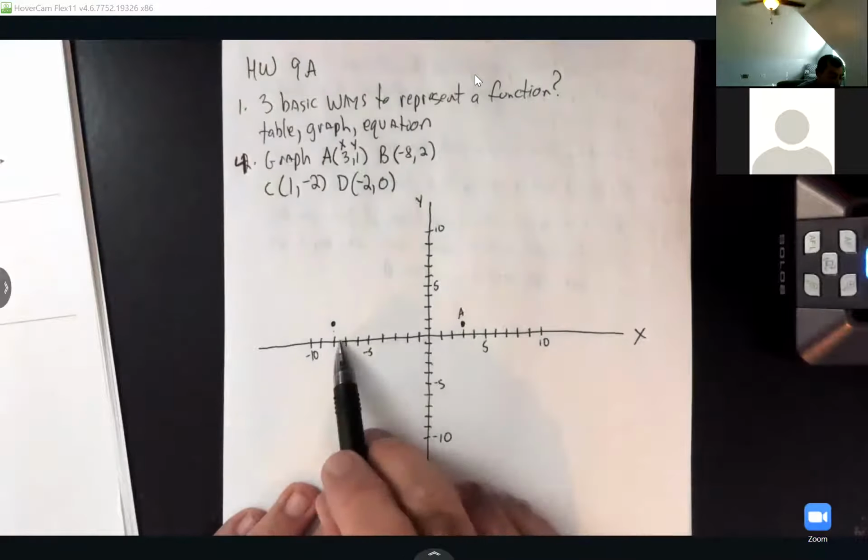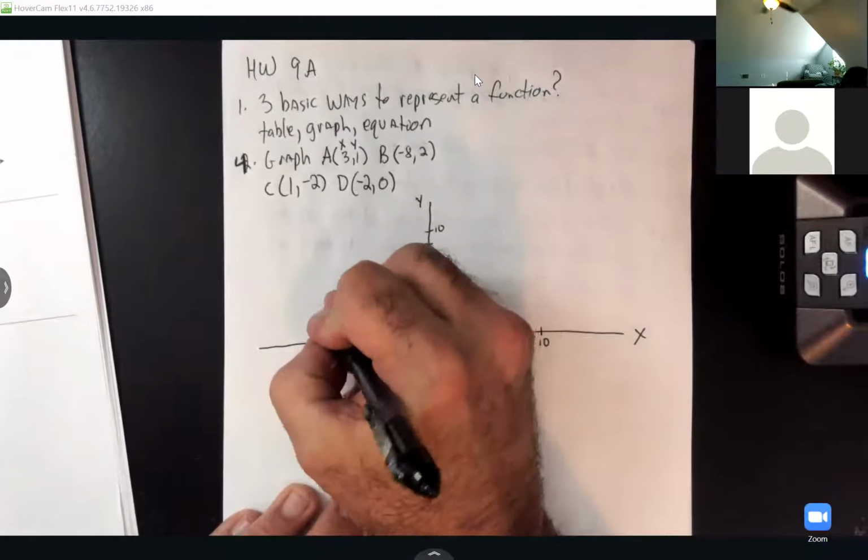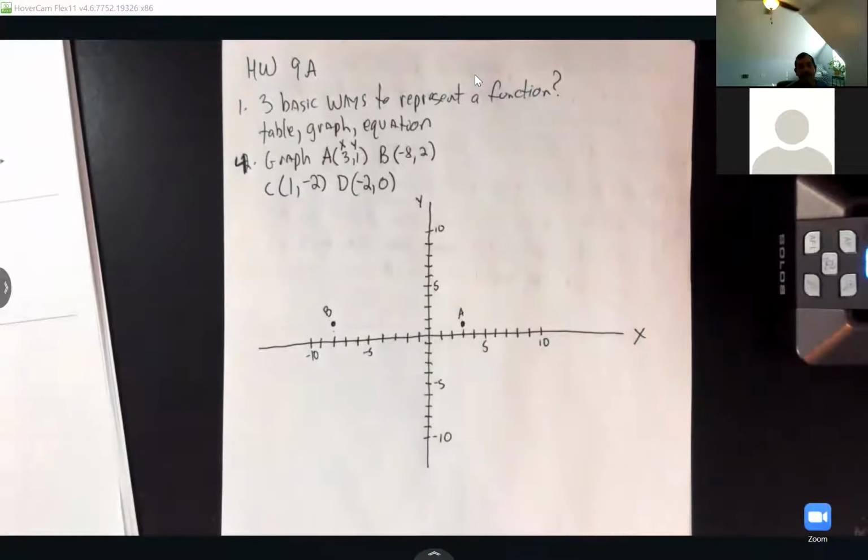So that went -8 and then 2 up. That is point B. So y'all got any questions on that graphing yet? So it's making sense. X's, negative goes left, positive goes right. On the Y values, positive goes up. And if I get negative, they'll go down.